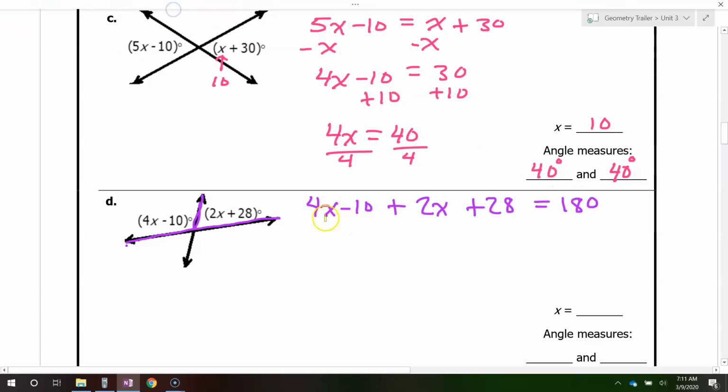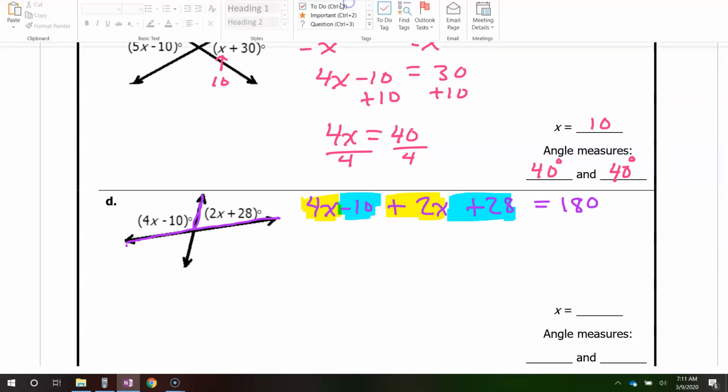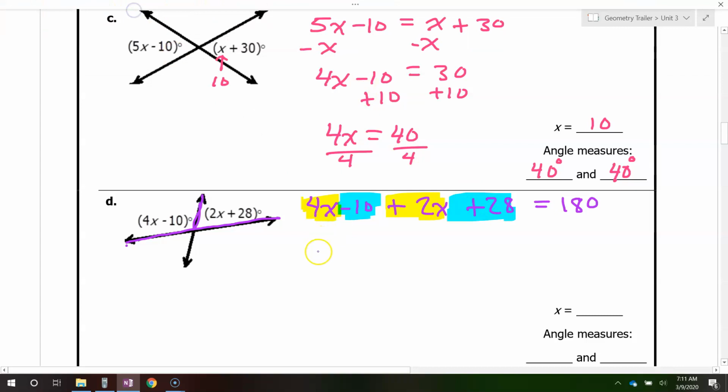So let's combine like terms. The 4x and the 2x are like terms, and then the negative 10 and the 28 are like terms. So if I combine those, I'm going to get 6x plus 18 is equal to 180.